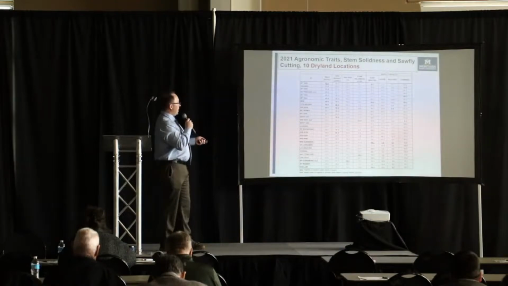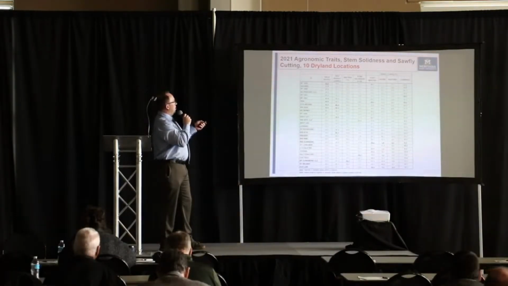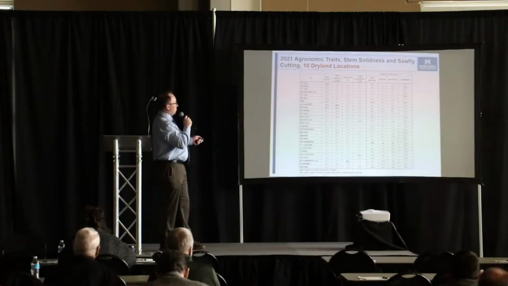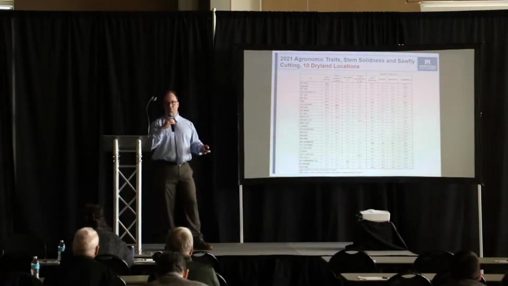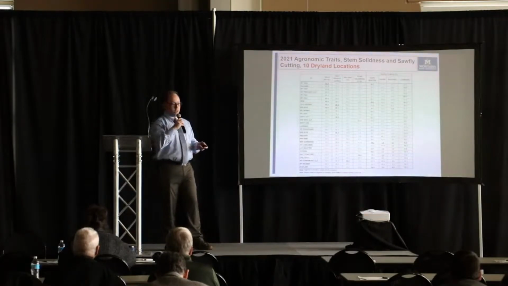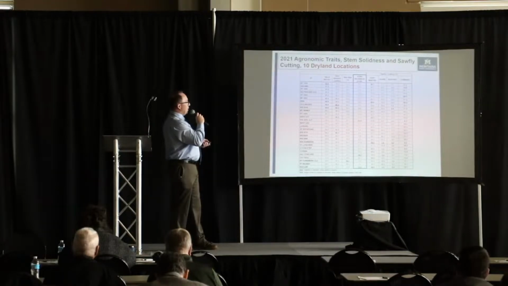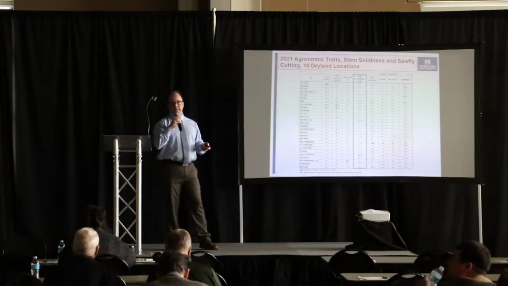So what I have here is the 2021 yield trial data from this last year. These are averages from 10 dryland locations. I thought it'd be valuable to show this because it gives a good sense of how these different varieties perform under severe drought conditions. The other thing I have on here is soft fly cutting data, as well as solid stem scores.